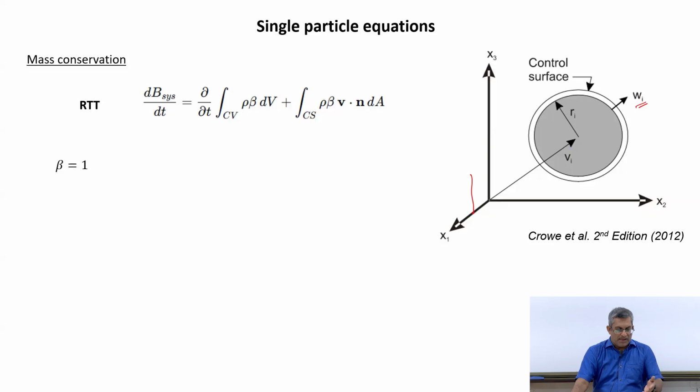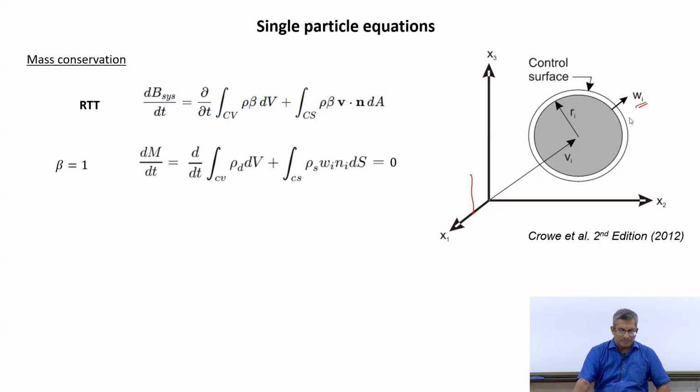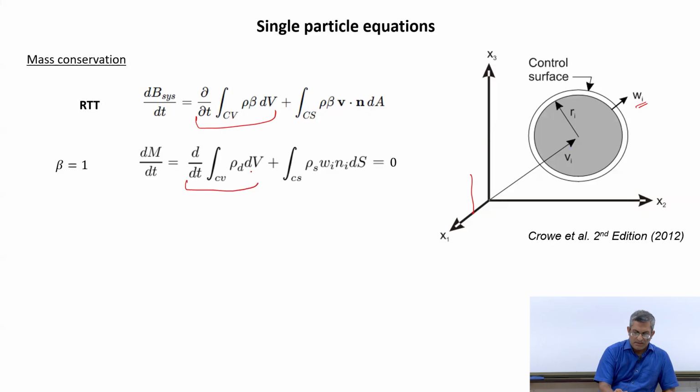Okay, so now for mass conservation, again we know that beta is equal to 1. So with that, this left hand side becomes basically the rate of change of mass of this particle. Okay, now this is equal to, now you see this term, this partial derivative term, now we are using d by dt instead of del by del t, because now we are traveling with the particle.